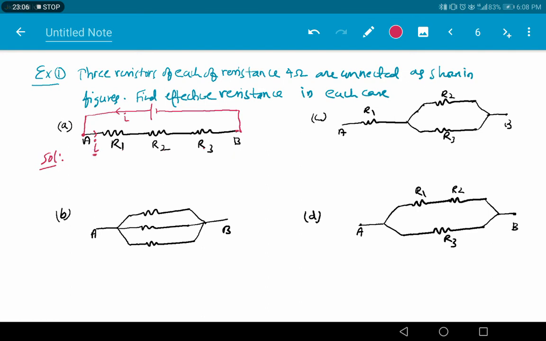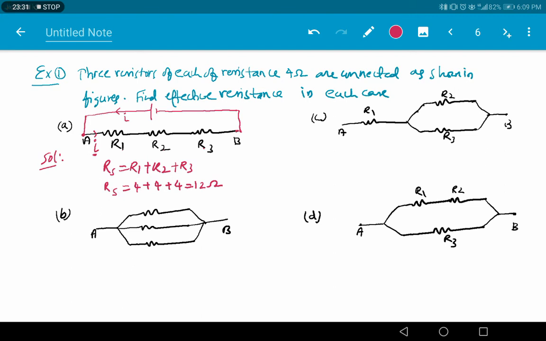That's why there is no deviation. It is a simple example of a series combination of resistors. In series, effective resistance is the sum of individual resistances. Each resistance is 4 ohm, so 4 plus 4 plus 4 gives 12 ohms as the effective resistance.